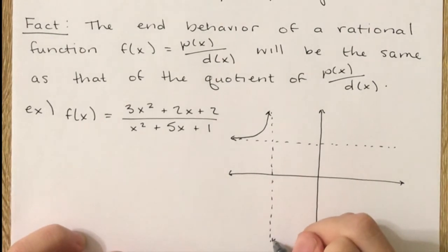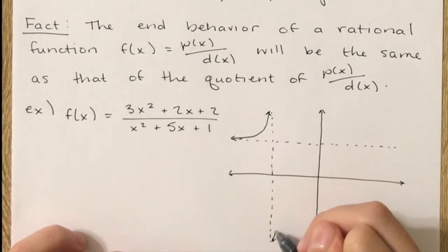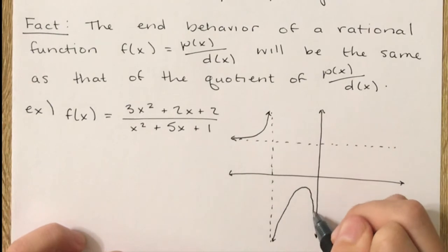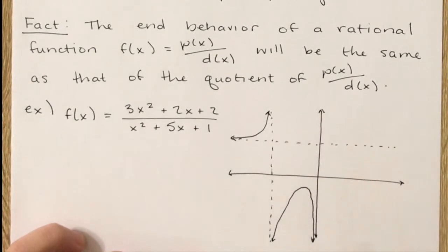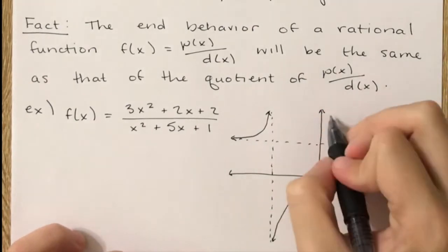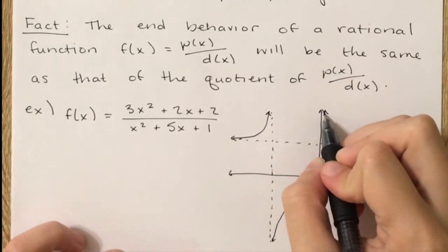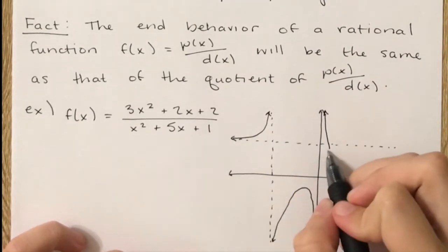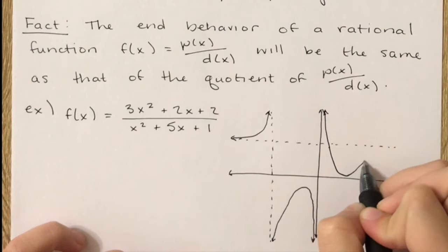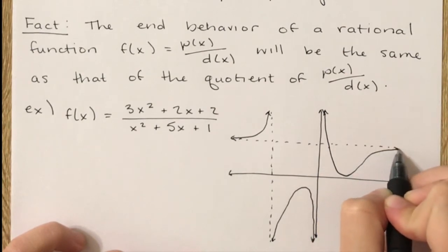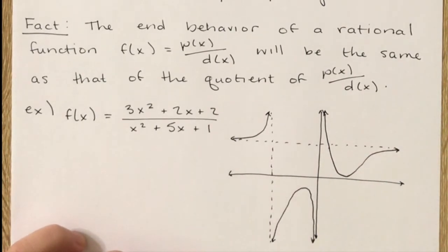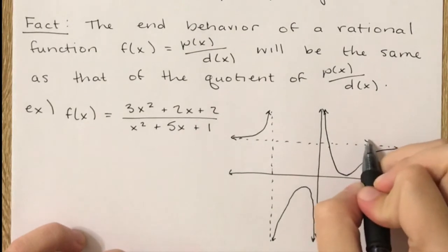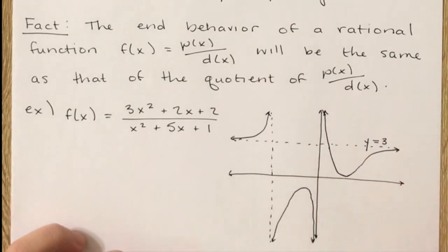Then we've got this funky looking part that's down here. And then we've got this crazy thing that kind of swoops down and then comes back up and gets really, really close to that line. This line is y equals 3.